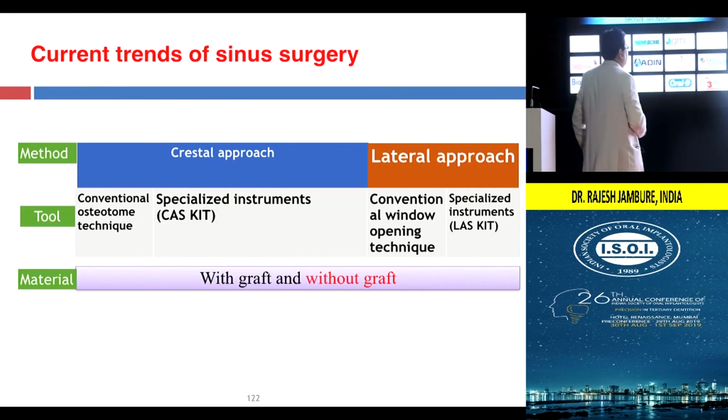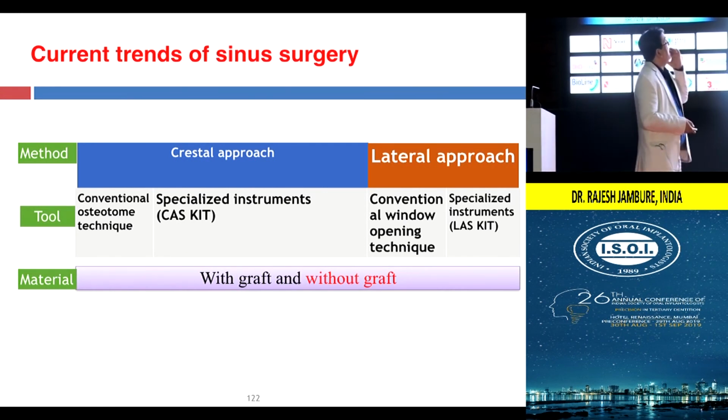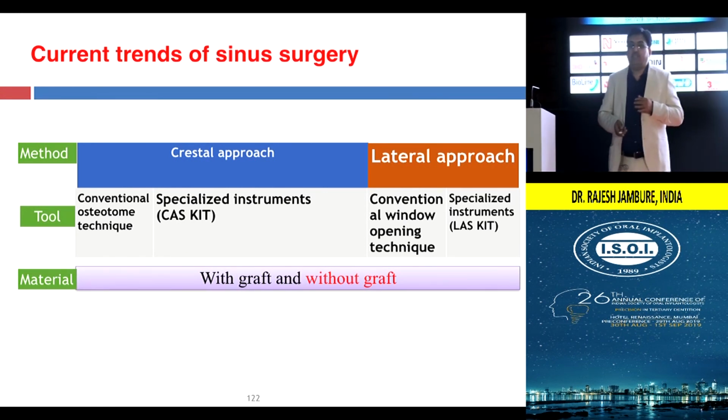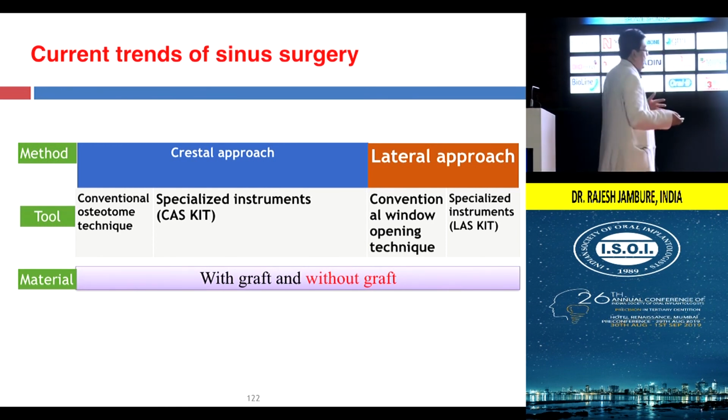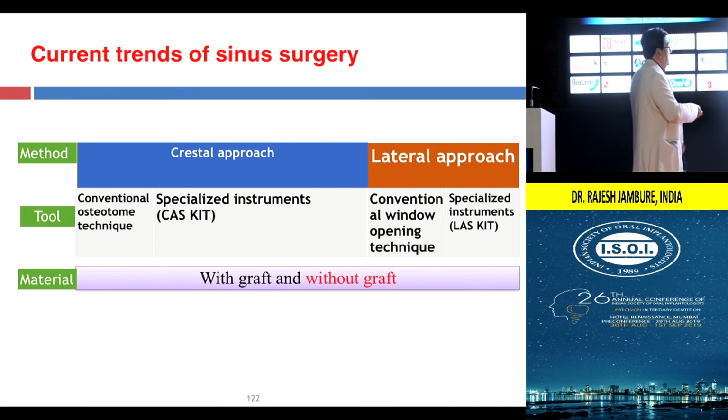If you see the current trends, 70% of the cases we do are with the crestal approach, and very few cases, 30%, with the lateral approach. And even in the crestal approach, osteotomes are rarely used compared to CAS kits and other things.